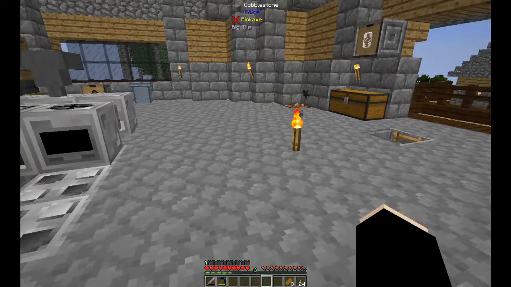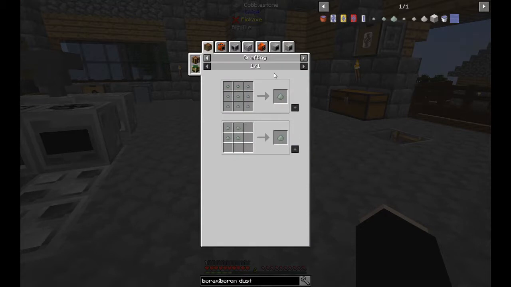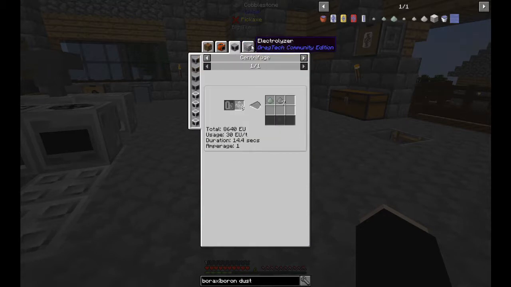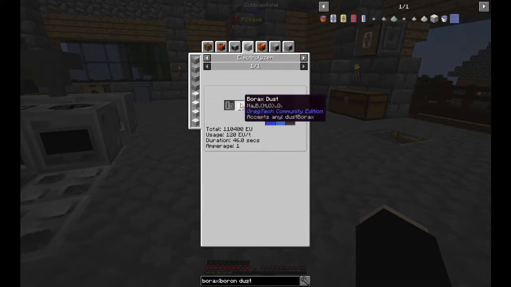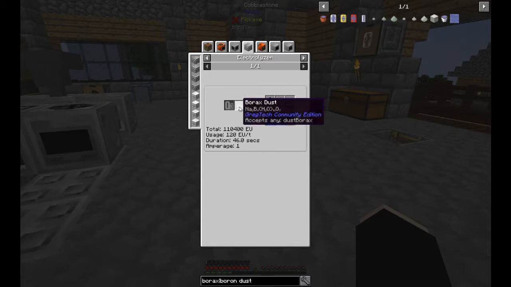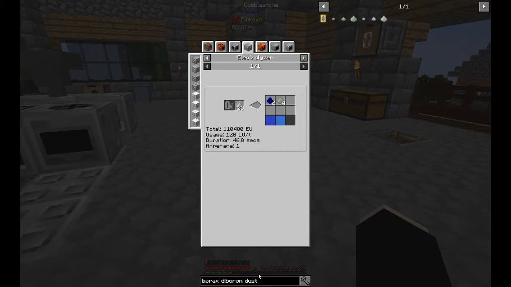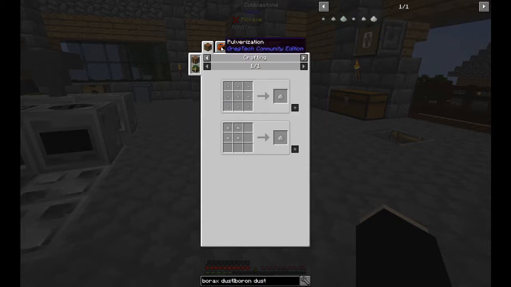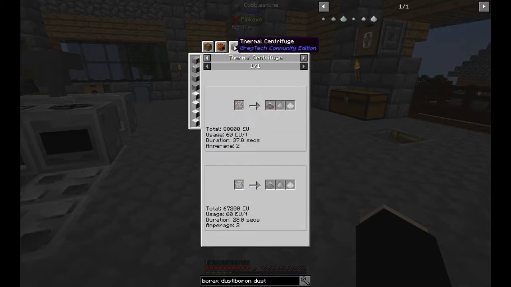Yes. If I had borosilicate glass, I wouldn't need to make boron dust. Electrolyzer. Borax dust. Okay. You can electrolyze it, not centrifuge it, but electrolyze. 120 EU, which is the advanced one, which is what I have. Borax dust. Okay. So that seems to be a wrong quest description, but I'll check.